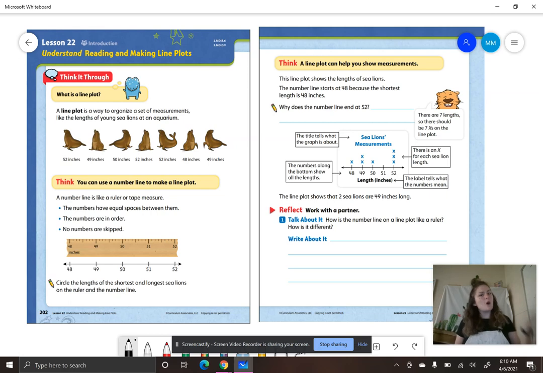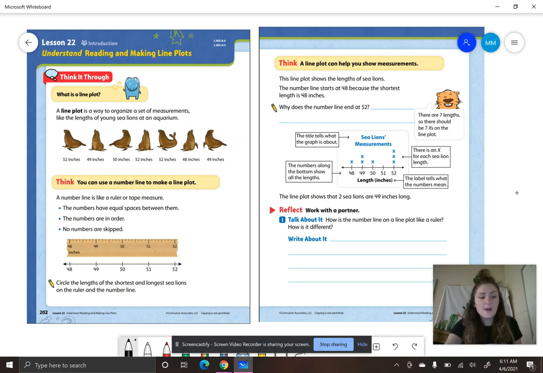What is the smallest length, the shortest length that we see, the longest length that we see, and the length that we see the most of? It says you can use a number line to make a line plot. A number line is like a ruler or tape measure. The numbers have equal spaces between them. The numbers are in order and no numbers are skipped.